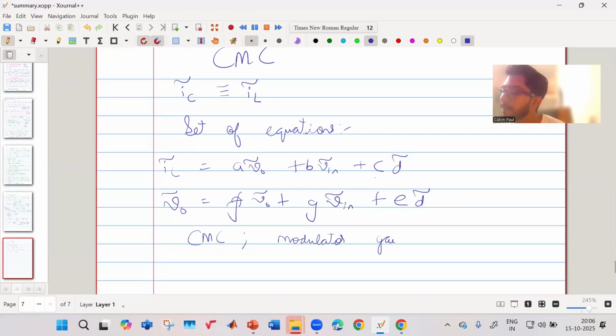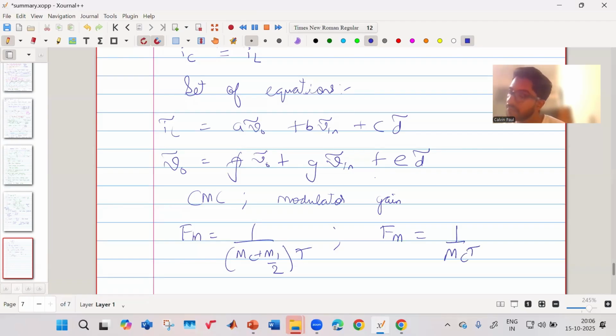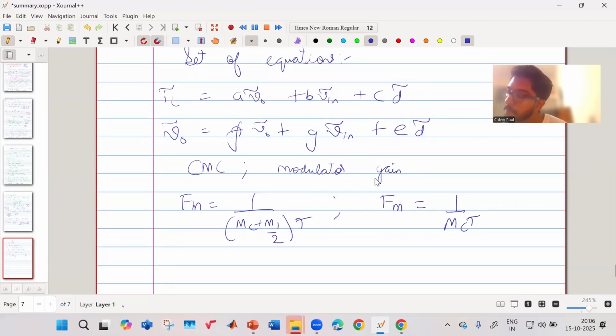This is important. In one case, it comes out to be 1 upon MC plus M1 upon 2. Then in the next case, where you average it over your entire time period, it comes out to be 1 upon MCT. So these things also you should remember.